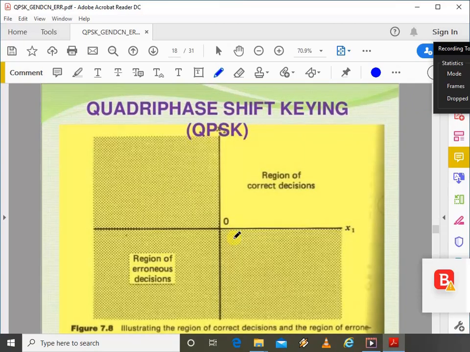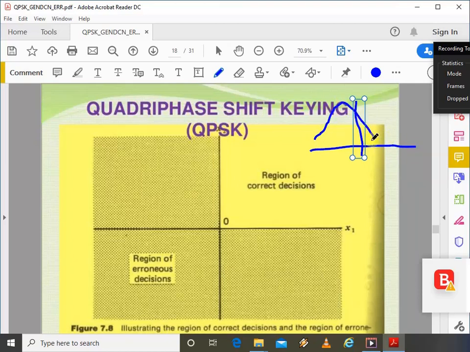Okay. Now, how to calculate the probability of error for the QPSK signal? The calculation of probability of error for the QPSK signal is similar to the BPSK. In the BPSK, usually we are transmitting the bits 1 or 0. Along with the transmitted signal, all of you know that noise always gets added.